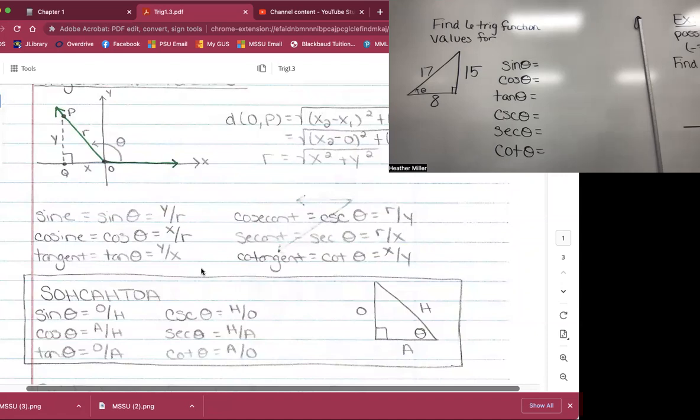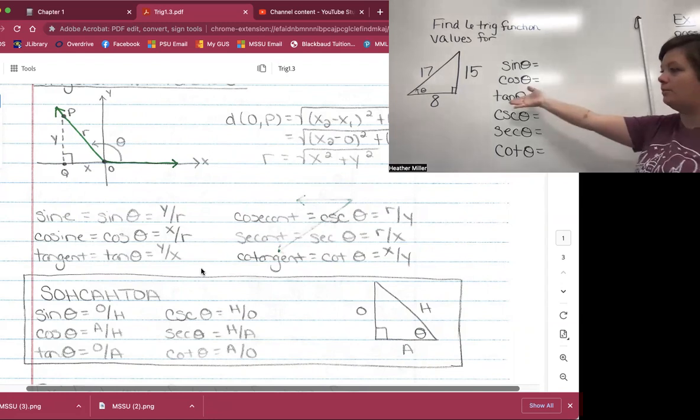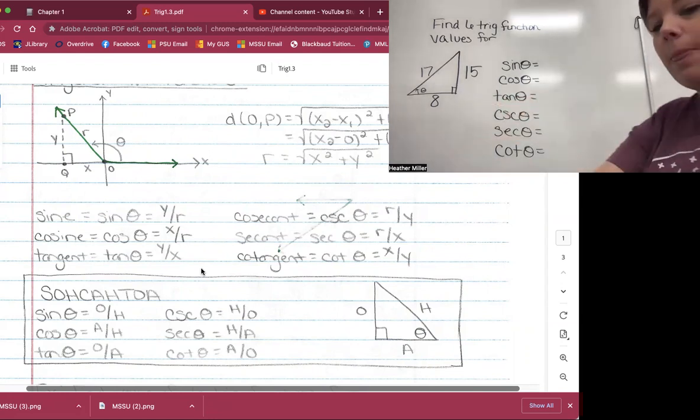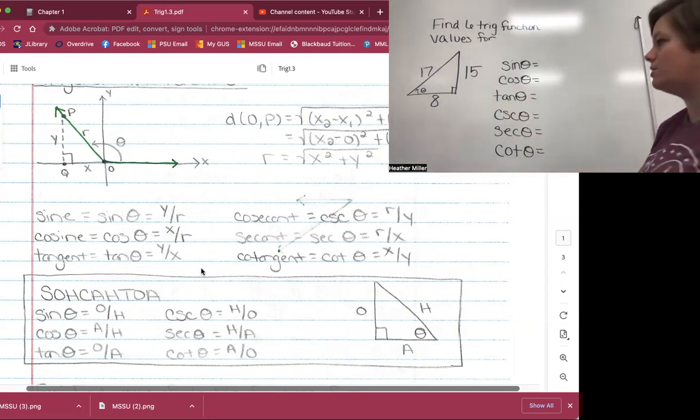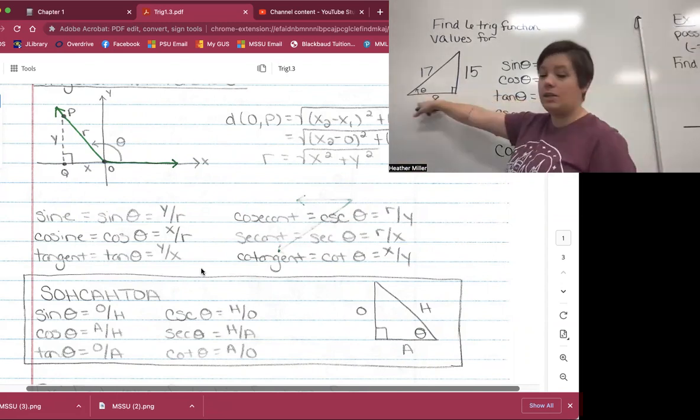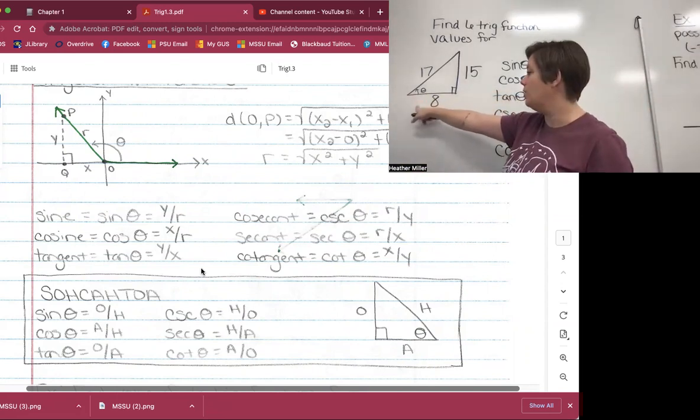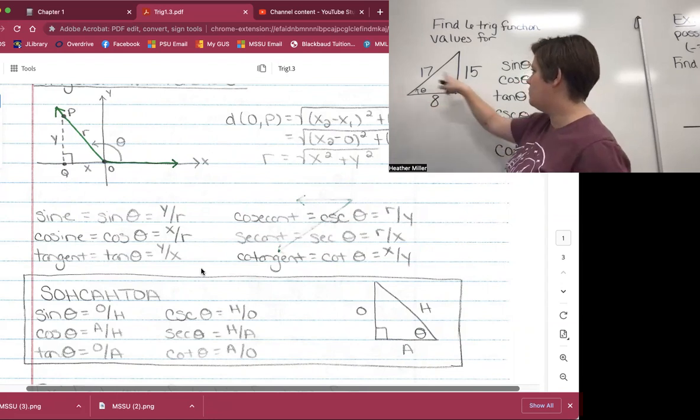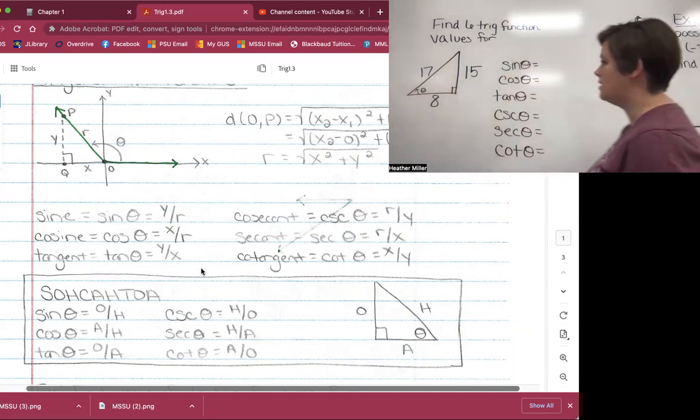So we are asked to find the 6 trigonometric function values for this given triangle. It gives us a right triangle, and it tells us that theta is down here in this lower left-hand corner, and that we have 8, 15, and 17.